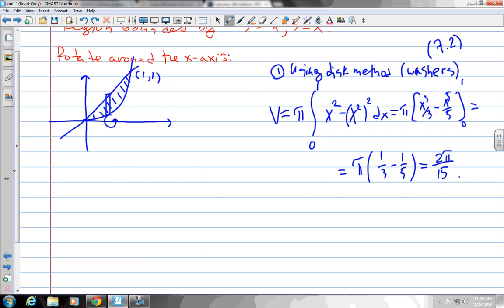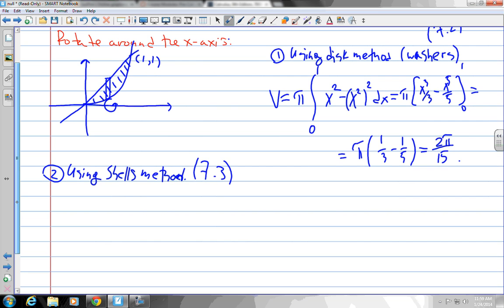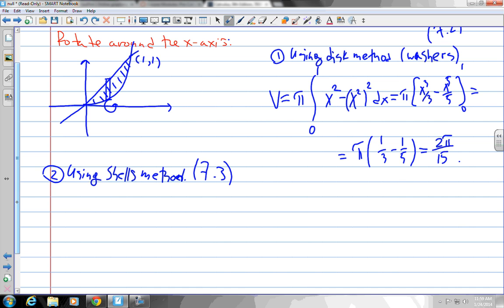Okay. Well, let's do the shells. So this is section 7.3. First of all, what kind of an integral are we going to end up with? Dx or dy? Dy.